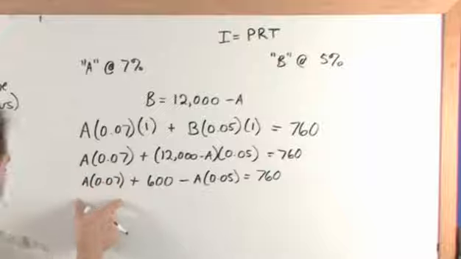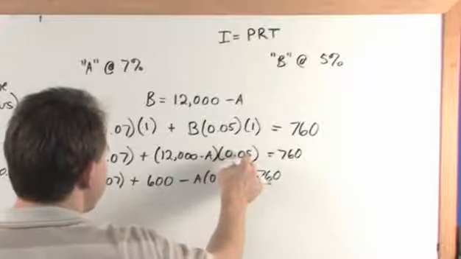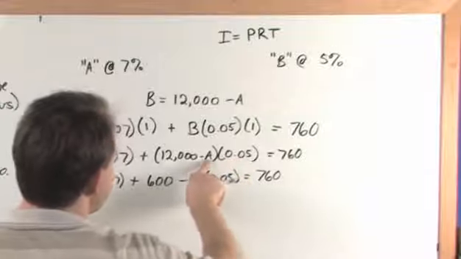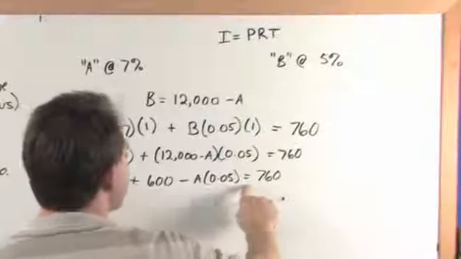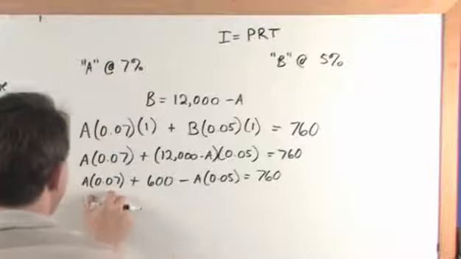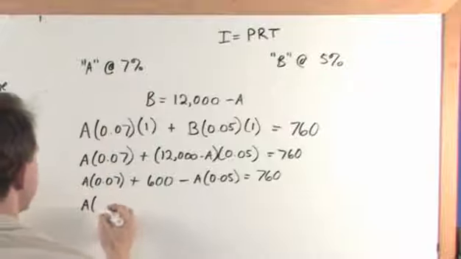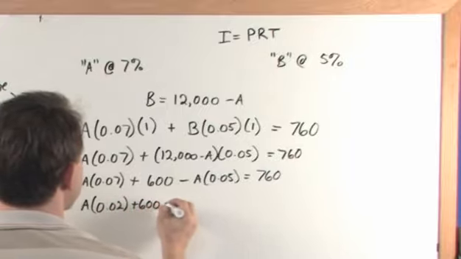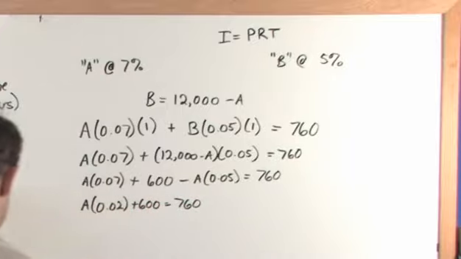So this is exactly the same, and the only thing I did here was distribute this 0.05 into the 12,000, giving me 600, and then this times the negative A is just written down here, and the right-hand side stays the same. Now I can combine these two terms: A times 0.02 plus 600 is equal to 760.